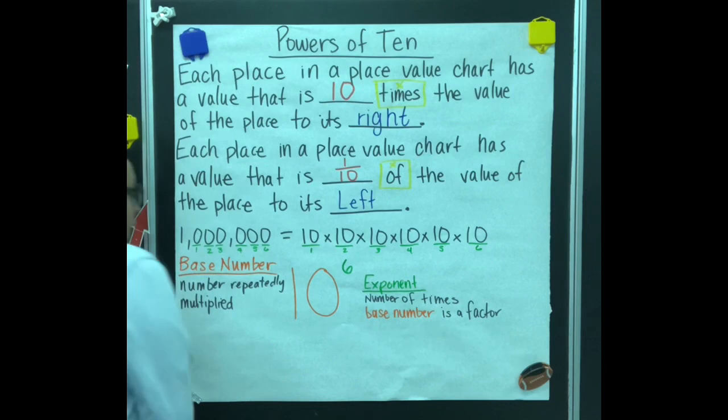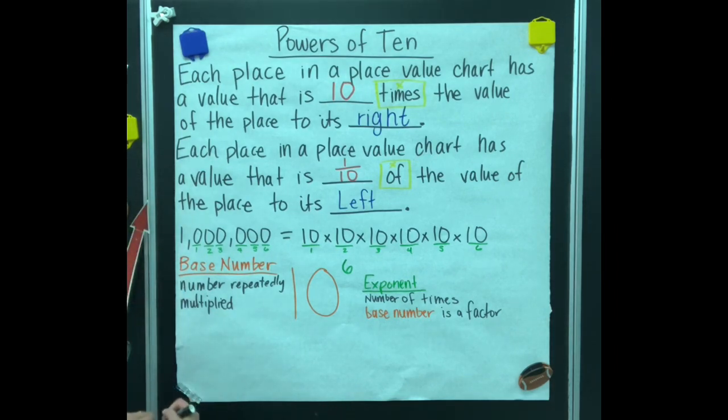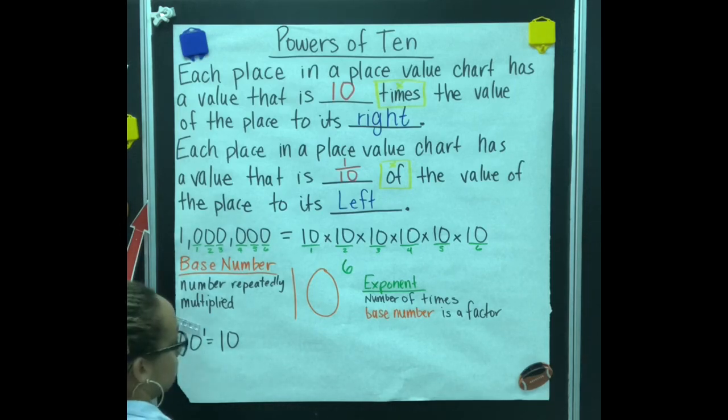But our first one says 10 to the first power or 10 to the power of 1. So those are the ways that you can say it. This equals 10. If you remember last week, I told you that every single whole number has an exponent of 1 above it. That just means it equals itself.